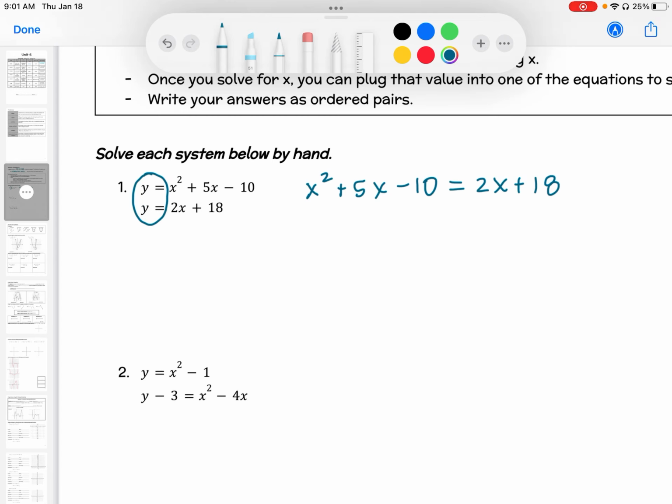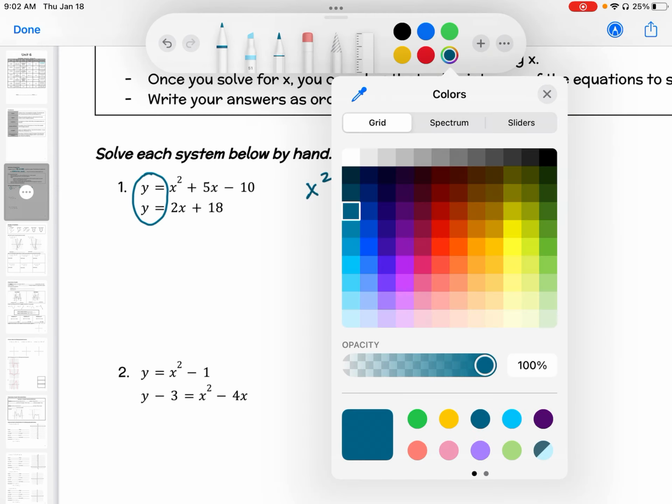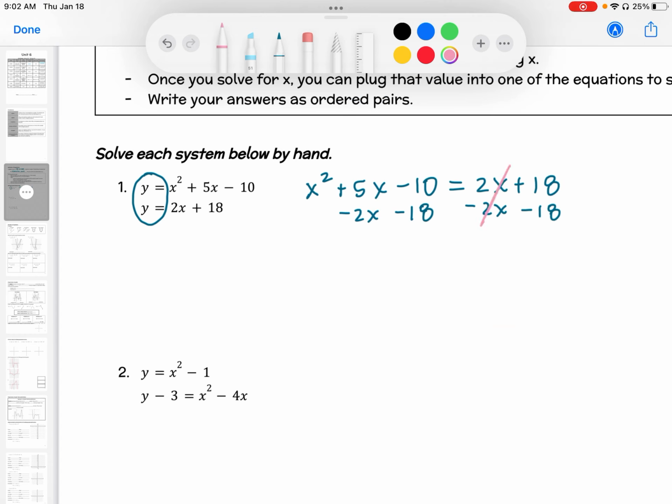Now that we've set them equal to each other, our goal is to get everything to one side because that's how we're going to solve a quadratic function, just like we did last unit. So I'm going to go ahead and move everything from over here and move it over here. And from here, we just want to combine like terms. On this side, these will cancel, and so will these.